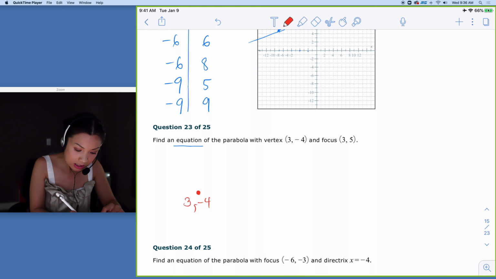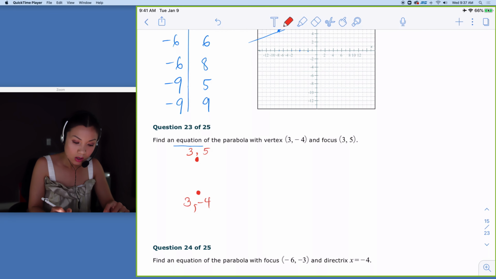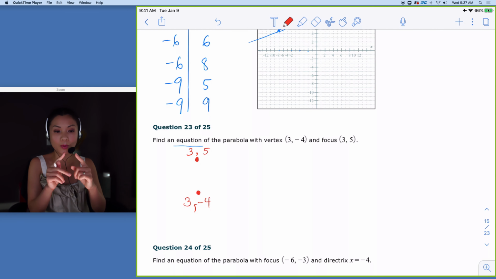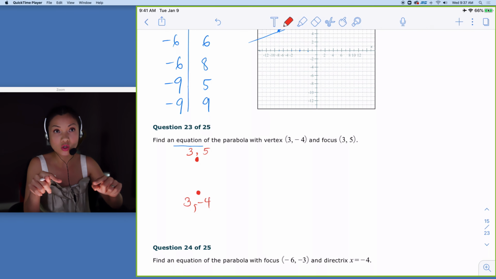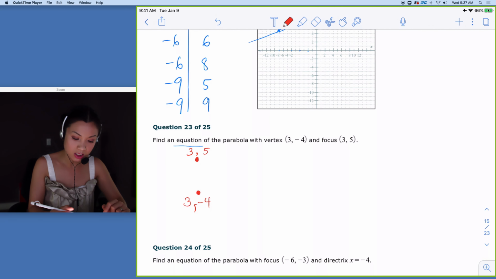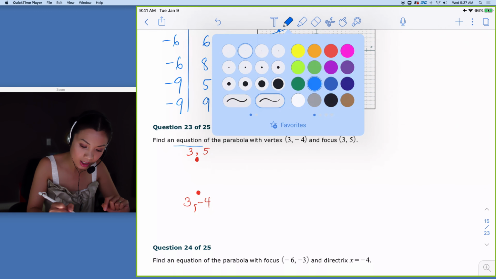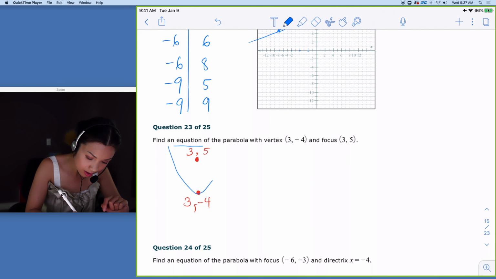So this is 3, negative 4, so 3, 5 is going to be up here. Right? Now, your parabola is always going to go toward the focus and away from the directrix. So based on this, I know that the parabola has to go this way.